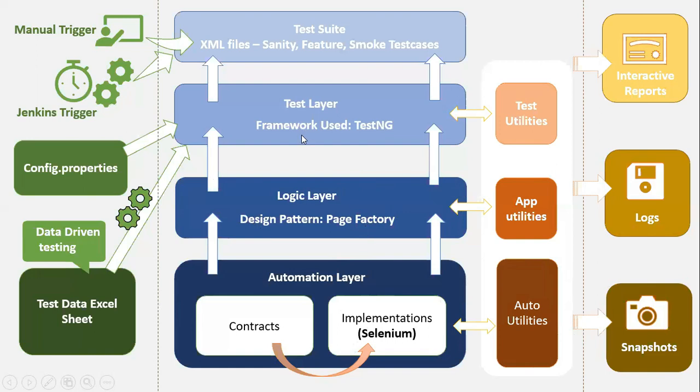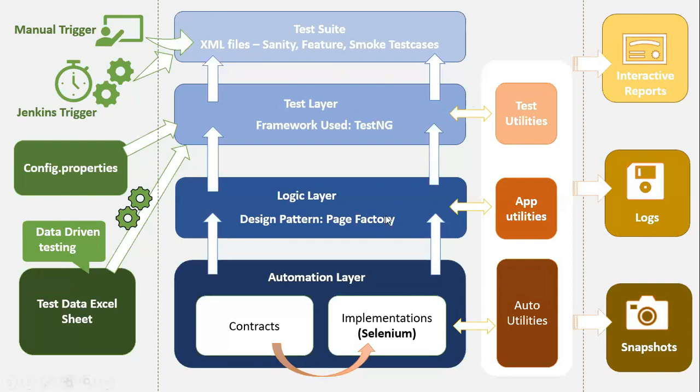If you don't want to work with TestNG, maybe you want to work with JUnit, then only this layer will change, right? Then if you also want to include a BDD framework in your project, that is also possible. If you're using BDD with TestNG, then only the top layer will change. If you're using BDD with JUnit, then the first two layers will change. So that's the level of flexibility this framework provides you.